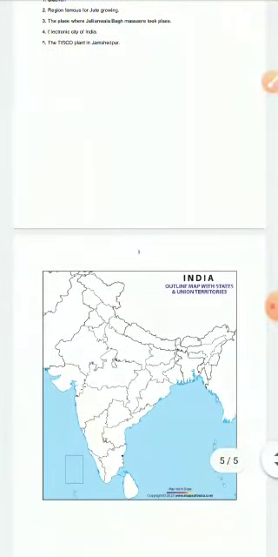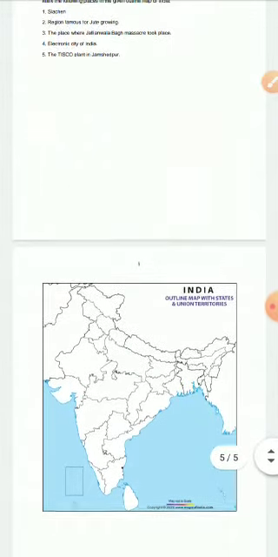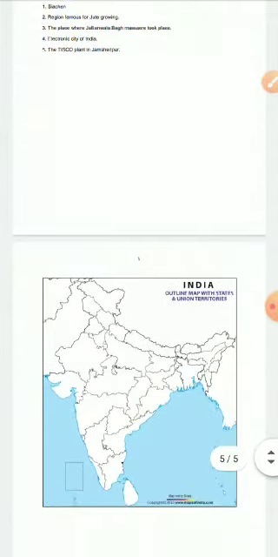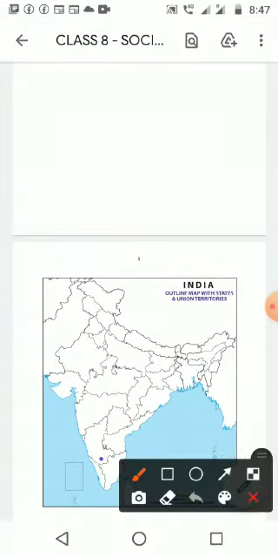Or if you have a political map at home, take that political map and identify the places. For example, the steel plant in Jamshedpur, or the electronic city in India. For example, electronic city, where is it? In Bangalore. You can put a dot like this, draw one line to the side and write the place name, Bangalore.